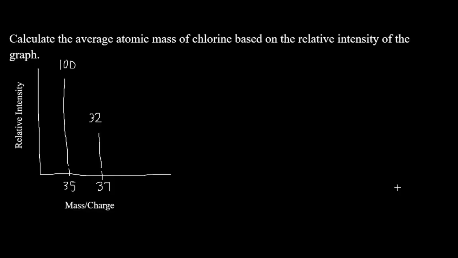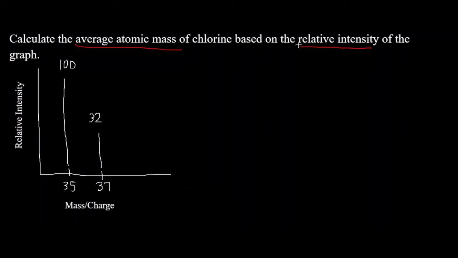Now there's one final trick question that could get thrown at you on an AP test, and you have to make sure you're ready for it. On this one we have: calculate the average atomic mass of chlorine based on the relative intensity. So this time we are not given percent abundance. Percent abundance, all of our numbers always add up to 100 because it's a percentage.